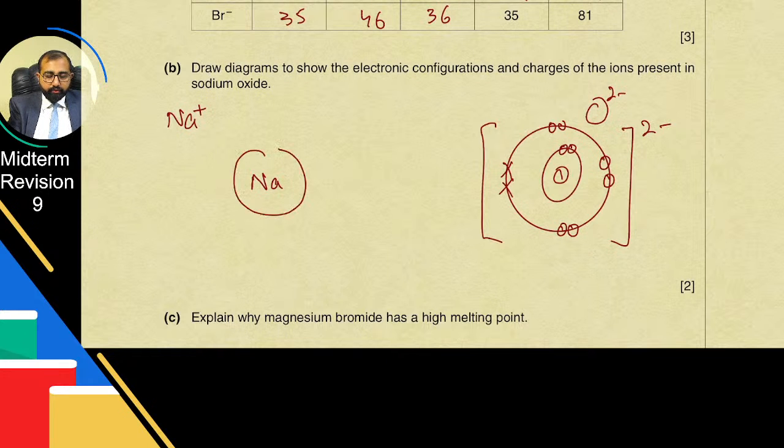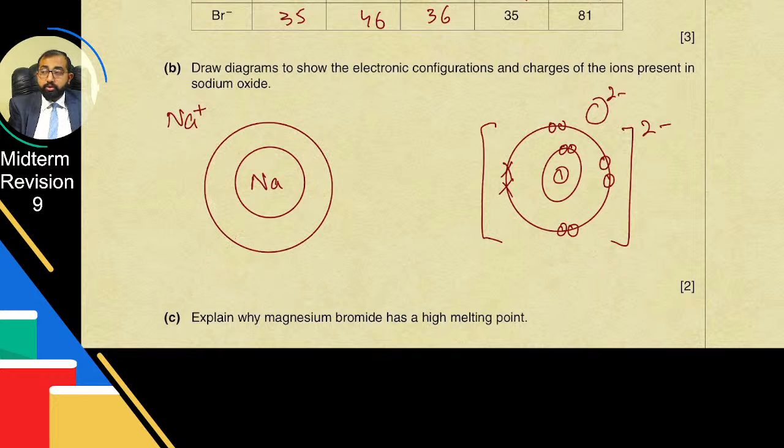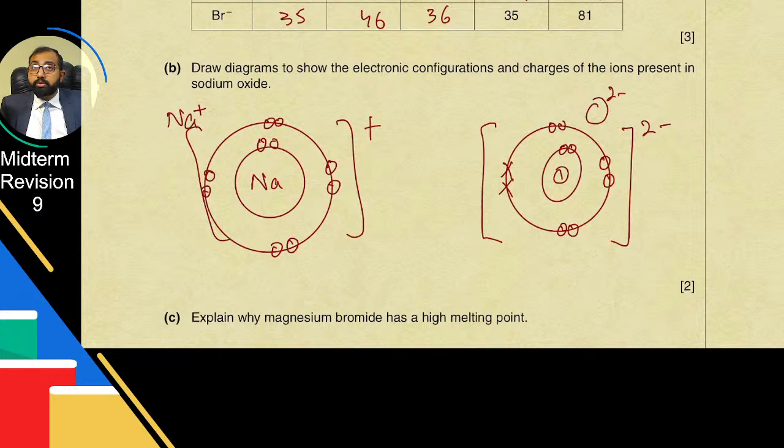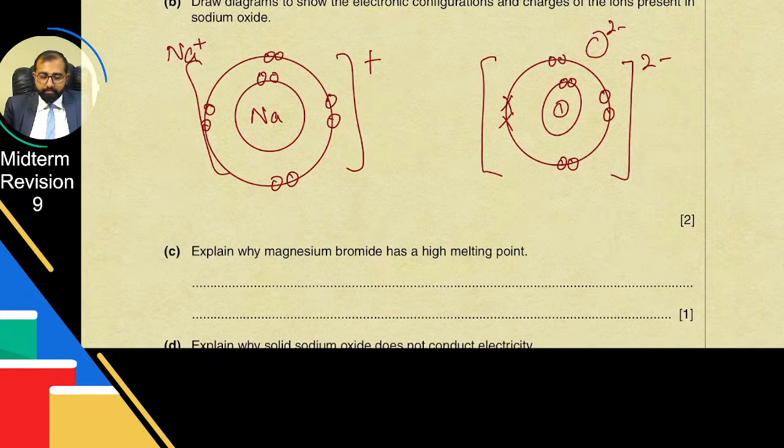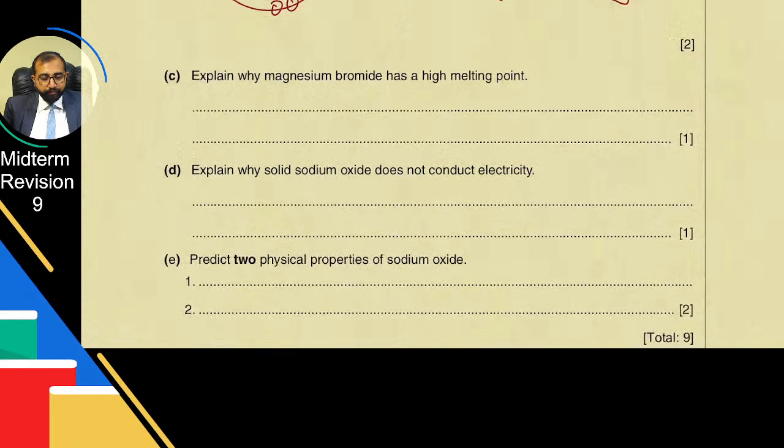Similarly, for sodium, I will show 2 shells because it is 2,8,1, but it has lost one. So this gives me 1, 2, 3, 4, 5, 6, 7, 8, 9, and 10, and there you go. That is my sodium ion. Don't forget to put the square brackets. If you do, you might risk losing an electron, risk losing a mark.